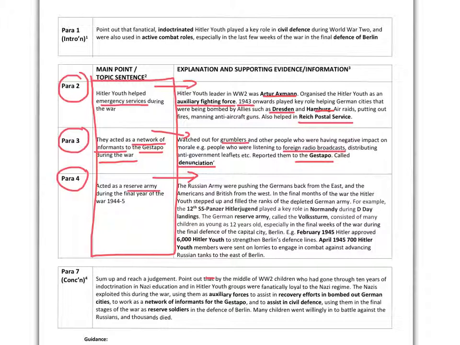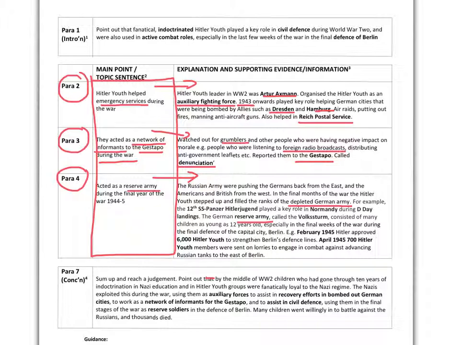By the beginning of 1945, German soldiers were retreating onto their own soil, and at this point their regular troops were so depleted, so many ordinary soldiers had been killed, that the Hitler Youth were called in as a reserve army.